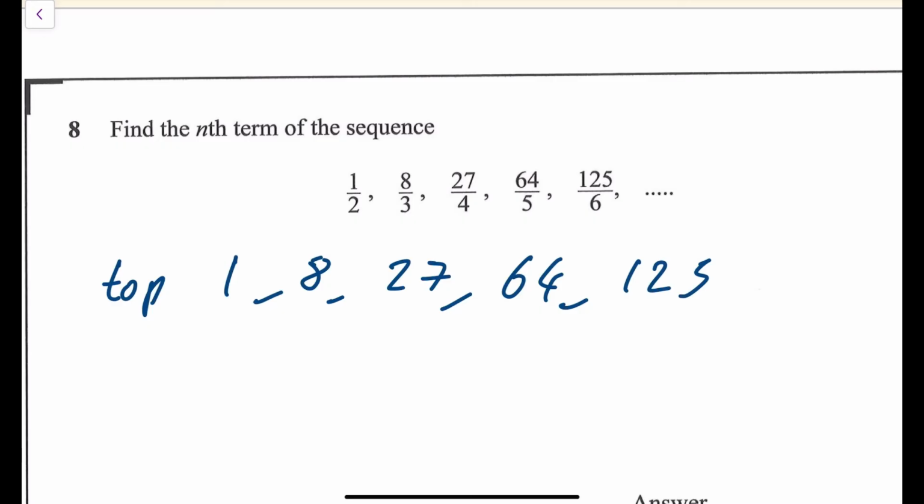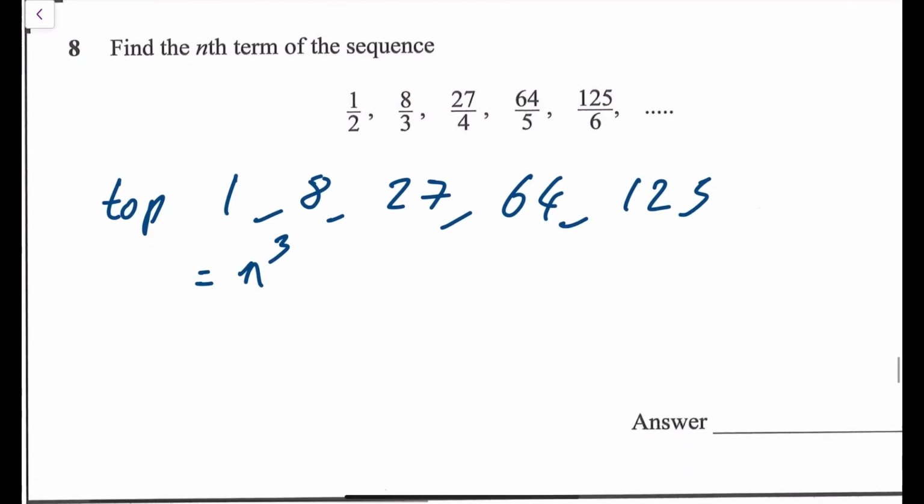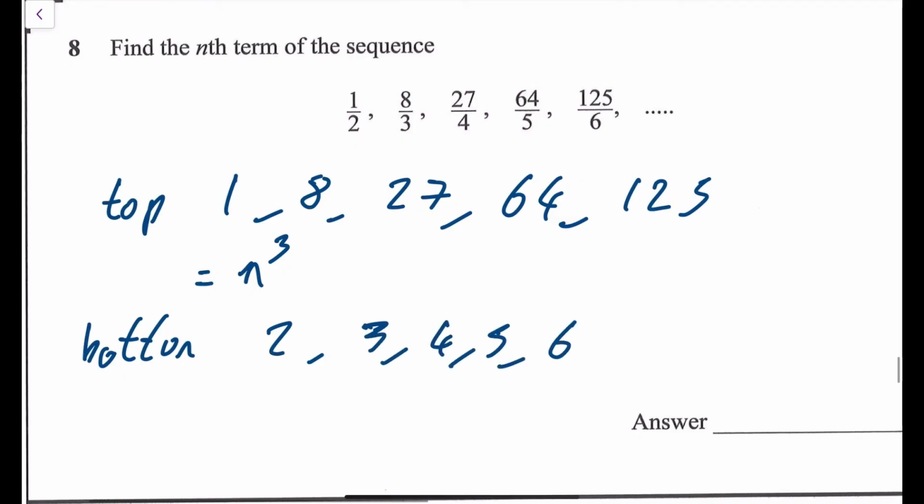It is worth your while, folks, to learn this. This is your cubic sequence. So for the top, the nth term of that is just n cubed. 1 cubed is 1, 2 cubed is 8, 3 cubed is 27, 4 cubed is 64, 5 cubed is 125. Okay, now let's look at the bottom line. It was 2, 3, 4, 5, 6.